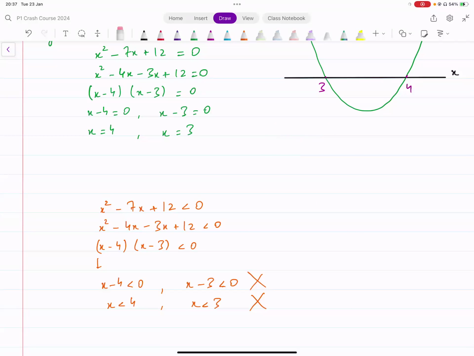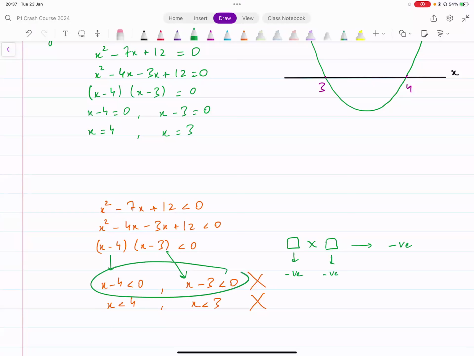But what are we getting in this case? In this case, it says there are two expressions. One is this and the other is this. When they are multiplied, the result is less than 0. Less than 0, what does that mean? Less than 0 means you have a negative answer, right? What we are getting from this method is that if the result is negative, then each of these should also be negative.